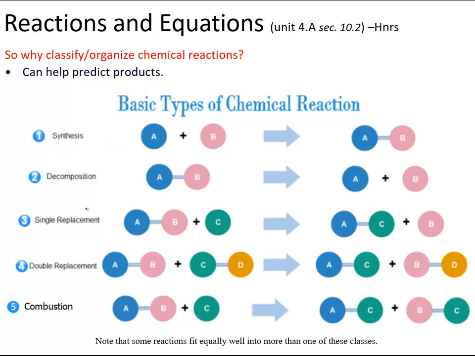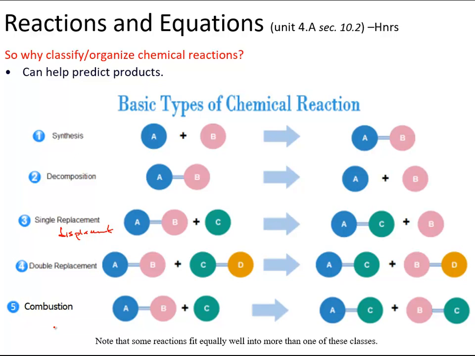Synthesis, decomposition, single replacement, sometimes called single displacement, double displacement or double replacement, and then a combustion reaction. All of these have a different way that the reactants combine and rearrange with each other to create products. But there's a pattern that we can recognize, and that's the idea that we're going to try to tackle today.